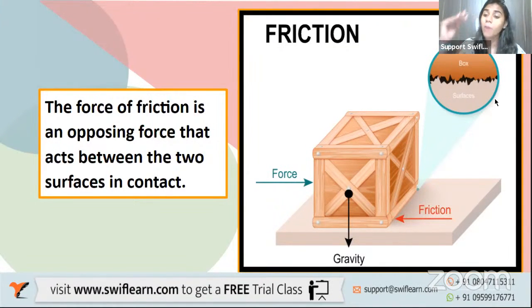Unless the ball and the ground are in contact, frictional force will not happen. So the force of friction is an opposing force that acts between the surfaces in contact.